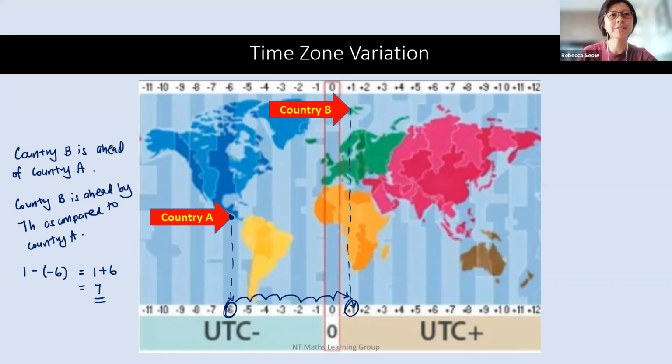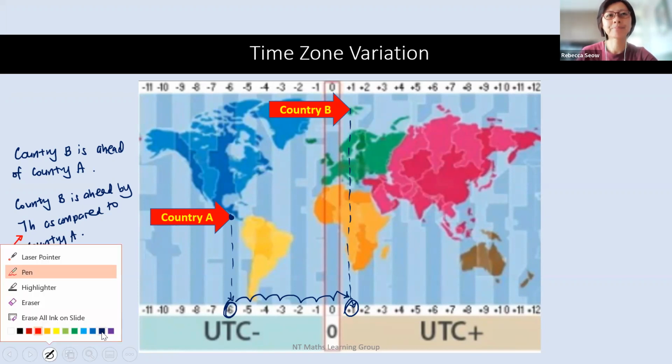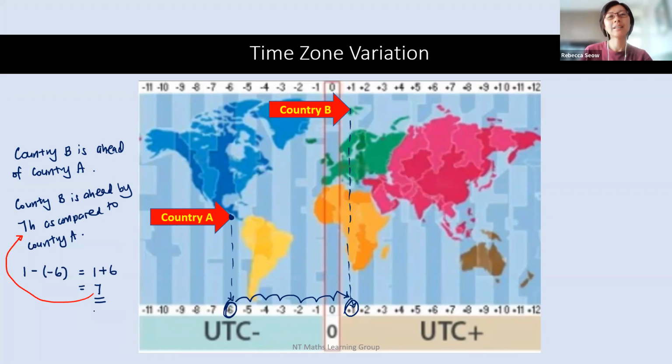So this 7 refers to the 7 hours being ahead of country A. Likewise, if country B is 7 hours ahead of A, that means we can say that country A is 7 hours behind country B.